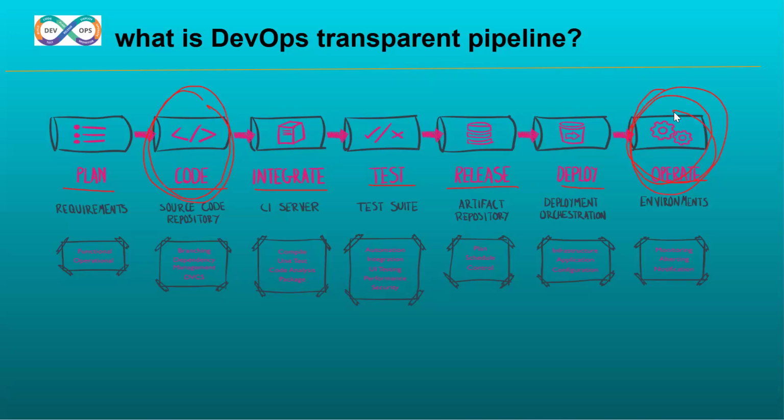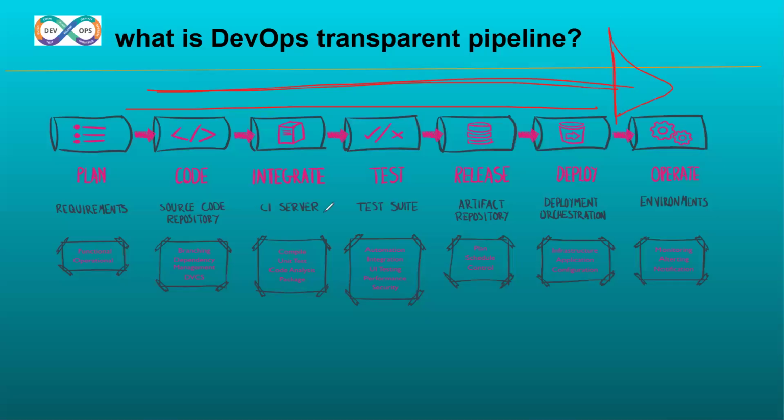That means we are part of coding, integration, testing, release, deploy, operation. But frankly, we are not part of planning. We are not writing code. We are not writing test cases. We are just going to be implementing an automated DevOps transparent pipeline. Sir, in this DevOps transparent pipeline, what exactly are the roles and responsibilities? Let us try to understand this.